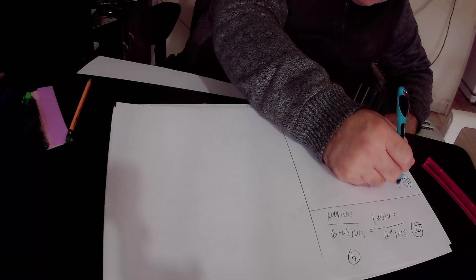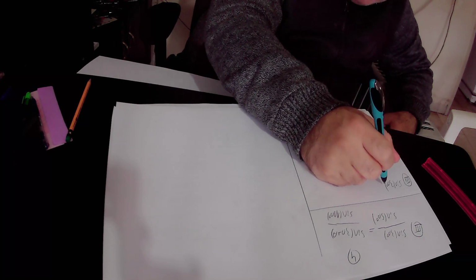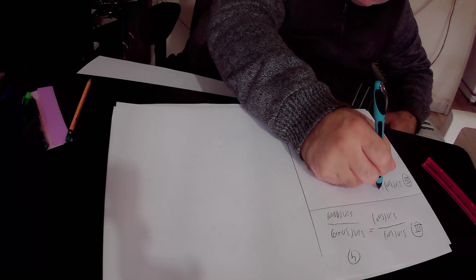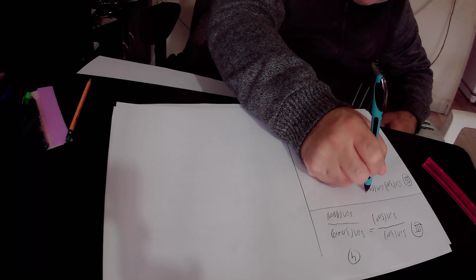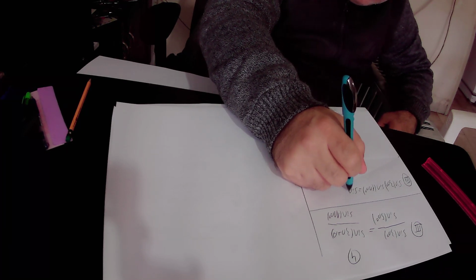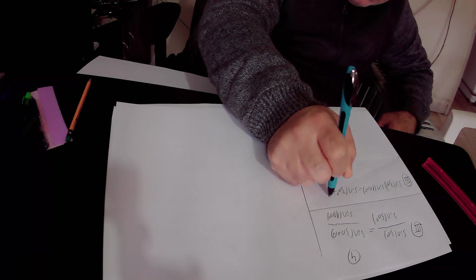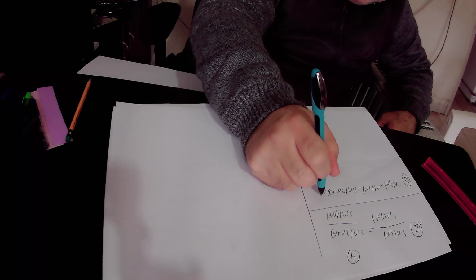sine 30 degrees times sine 100 degrees equals sine 30 degrees plus theta times sine 50 degrees.